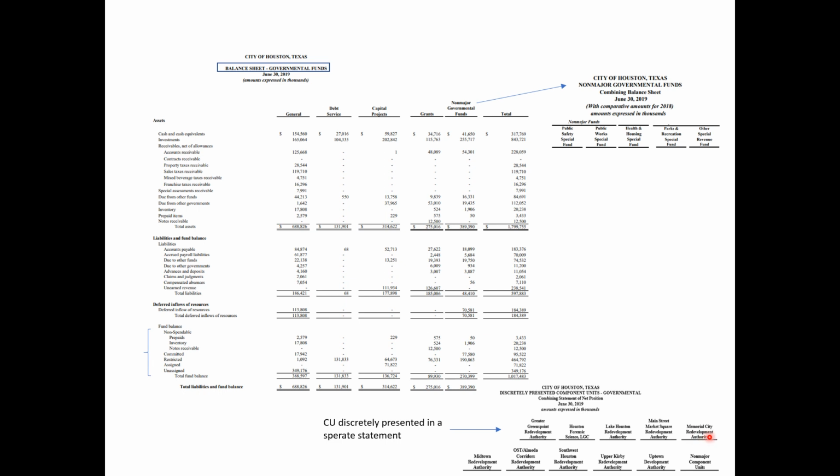You've seen these in the news. In fact, most of these authorities, after Harvey, some of these were dealing with flood work a lot. So these are component units of the City of Houston.